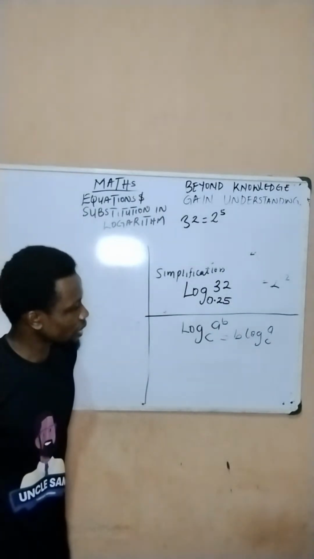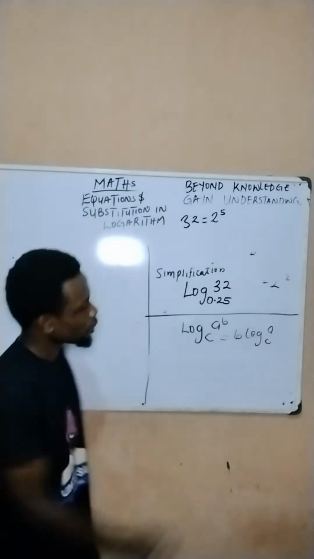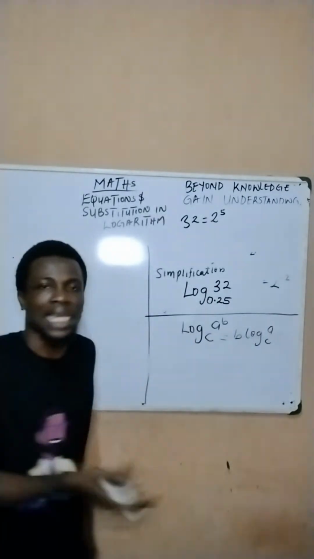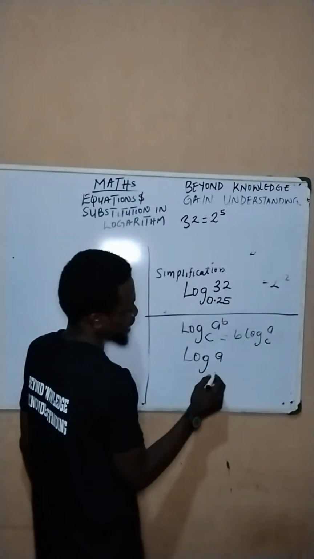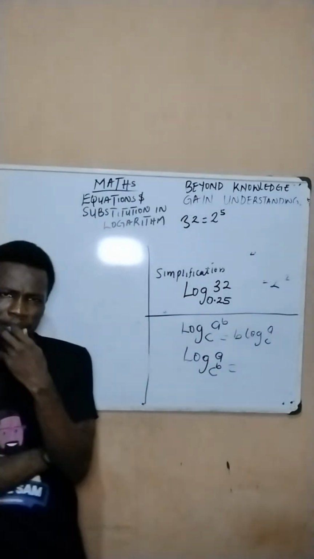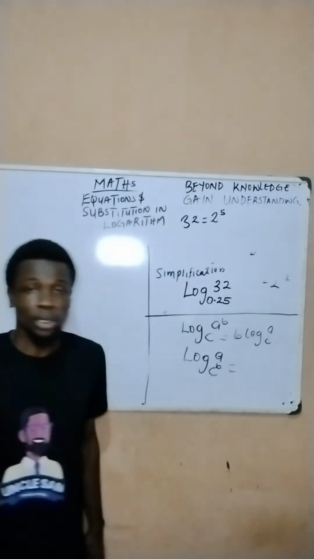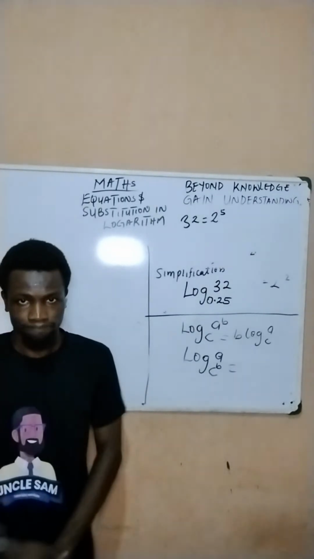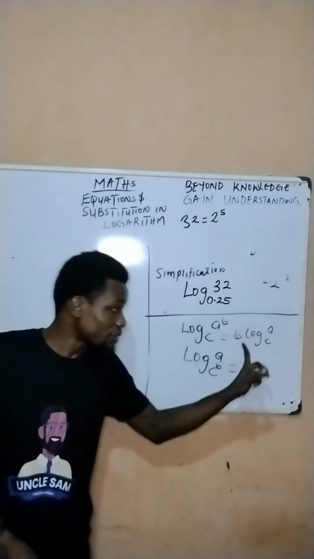And so if we got to this point, it simply means that if the log has a power, it becomes the coefficient. But what if it's the base that has the power? Which is, if I have log A base C raised to the power of B, what do you think is going to happen here? Pause and reflect on this and see if there's something you can come up with. If it was the log, it becomes the coefficient.